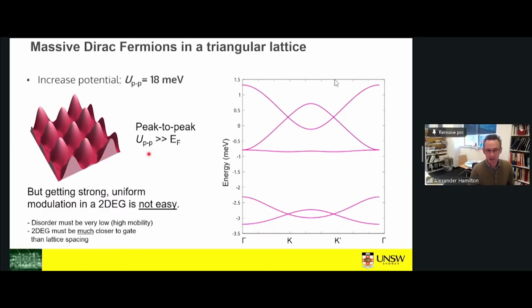In fact, it has to be much closer than the lattice spacing. So if your lattice spacing is about 100 nanometers, the distance to the gate shouldn't be much more than 30 nanometers. Otherwise, your potential just gets completely blurred out and you don't really notice the potential modulation at all. So we need to have strong modulation, and we need very low disorder.